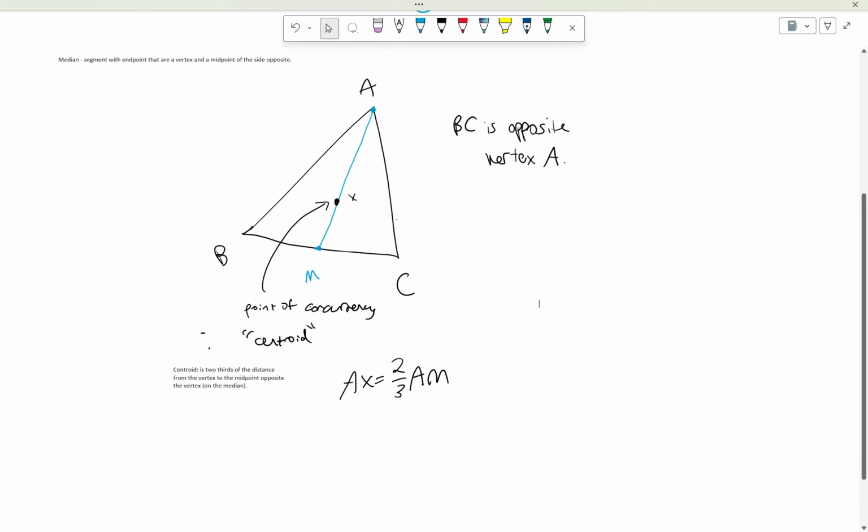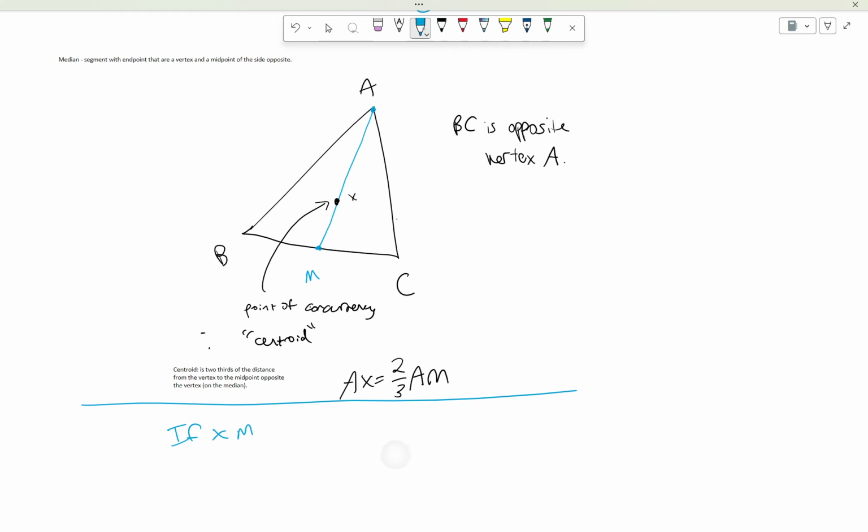Let's do another one of these. What if XM is 5? Then AX equals what? And AM equals what? Well, remember, XM is equal to 1/3 of that entire distance.